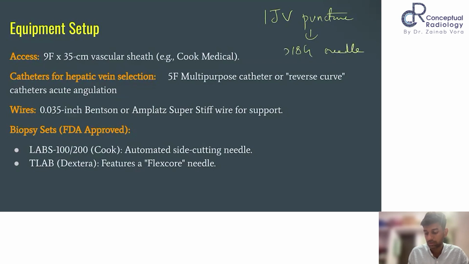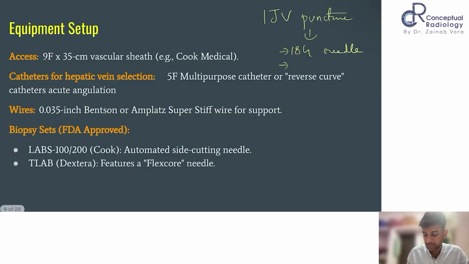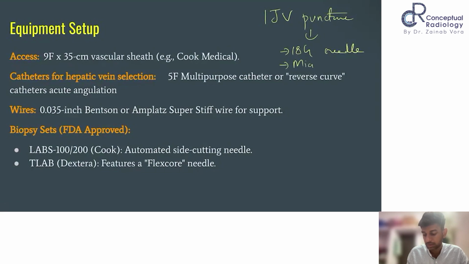Or a few people also use a micropuncture needle to reduce the risk of thrombosis and hemorrhage. The micropuncture needle is preferred in cases of partial thrombosis, where the lumen is reduced, and also in pediatric patients.